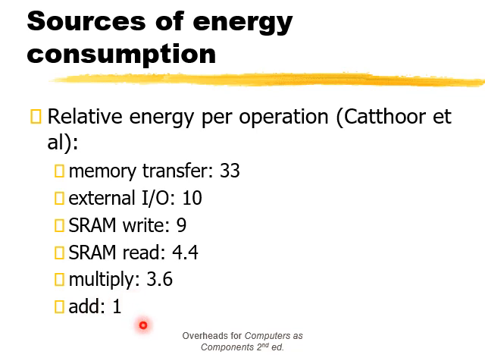So out of 100, memory transfer takes 33, external input output 10, write 9, read 4.4, multiply 3.6, and add finally 1. These are the sources of energy consumption according to this paper.